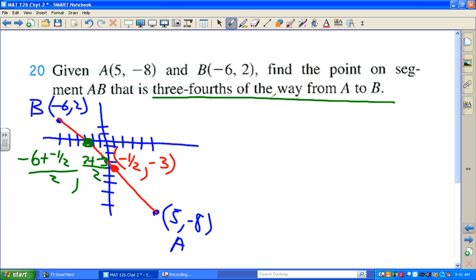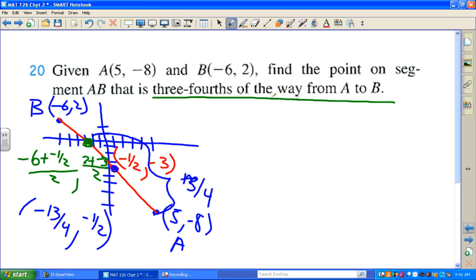Yeah. And then this whole distance right here is 3/4 of the way. Nice. Well, that's negative 6.5, negative 13/4. I did the midpoint, and I did the midpoint of my half. Right. And that's negative a half.